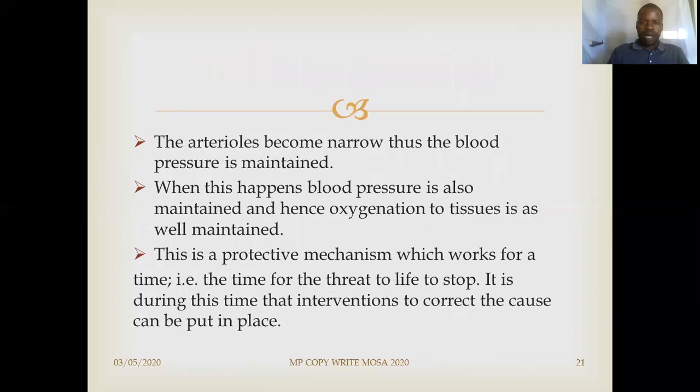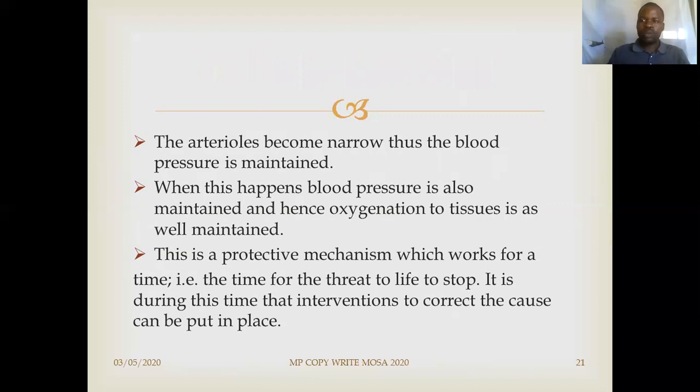The arteries become narrow so that the blood pressure is maintained. So the reason why there is vasoconstriction when someone has got a shock is that the body wants to maintain blood pressure. When this happens, blood pressure is maintained, and hence oxygenation to tissue is well maintained.